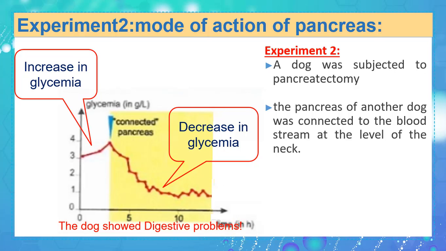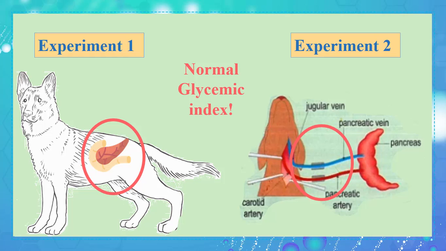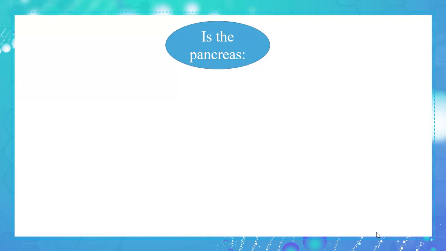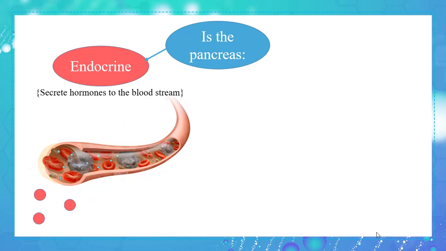Now let's pause and think a little bit. In experiments 1 and 2, when the pancreas was present and surrounded with blood vessels, both dogs showed normal glycemic index or normal levels of blood glucose. So here, from this experiment, is the pancreas endocrine, secreting hormones directly to the bloodstream?